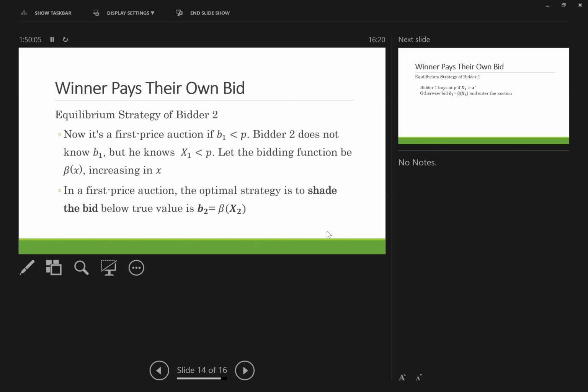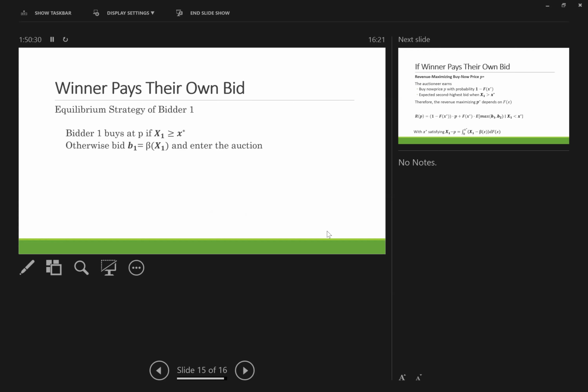And at the end of the day, let me not use function, but it's going to be dependent on the action of the first bidder, who might not have bought the item at the price P. So for bidder 1, it's either he or she buys the item at P and leaves, or enters the bid with the second bidder.